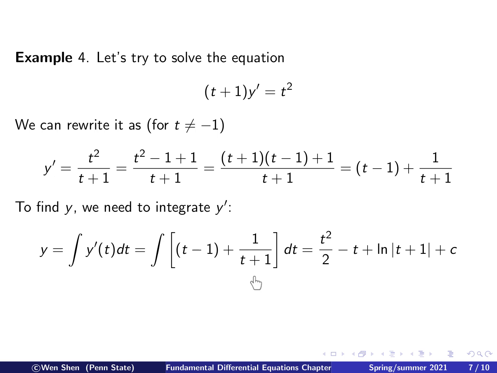And for the term 1 over t plus 1, we'll get natural log of absolute value of t plus 1. And don't forget, there is an arbitrary constant called the integration constant that we should add to the solution.